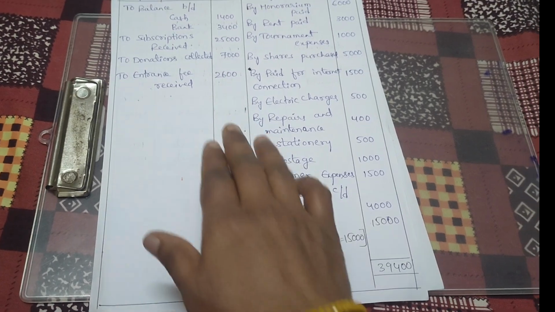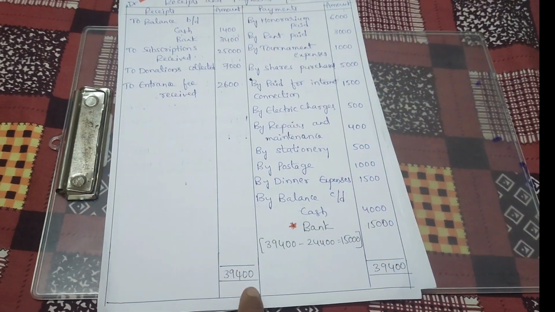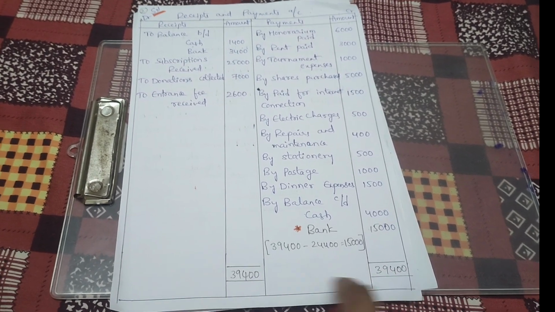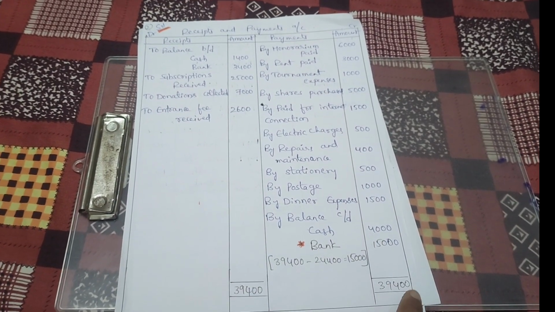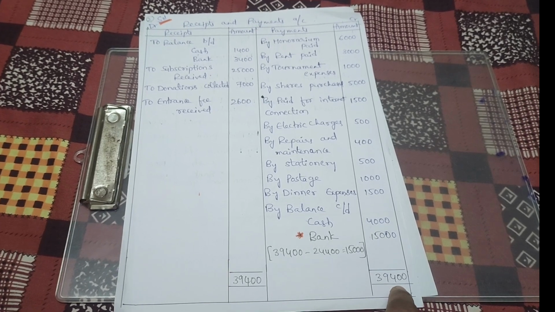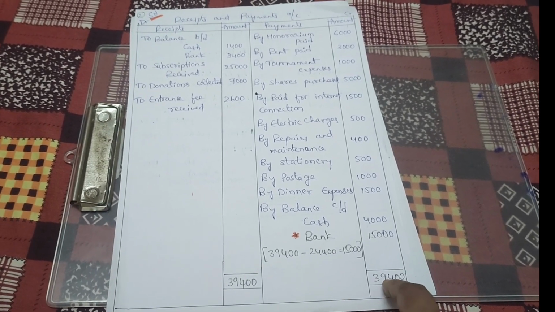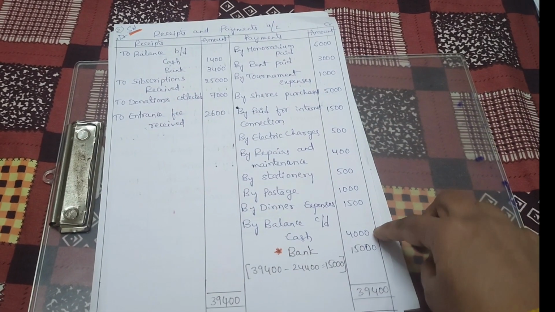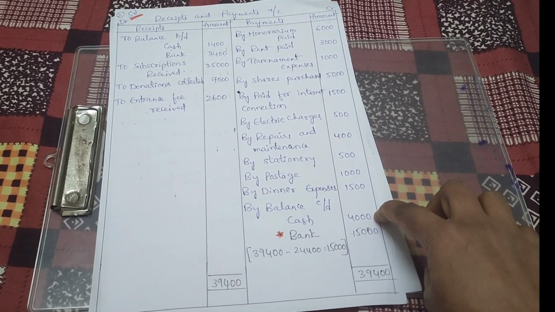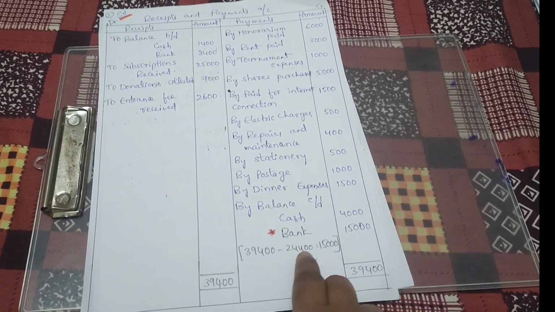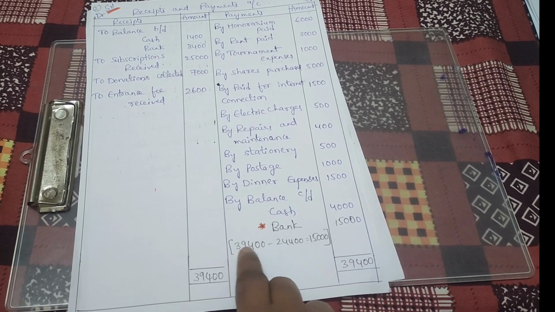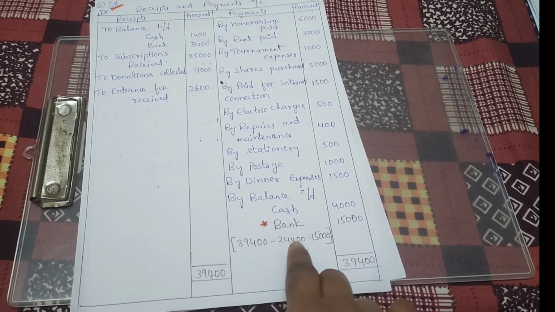So since debit side amount is more, you should write on both the sides in totals the more amount only because we are balancing the account. 39,400, 39,400 both the sides. And here from 39,400 all these totals till 4,000 that is 24,400. So from 39,400 we should deduct 24,400.